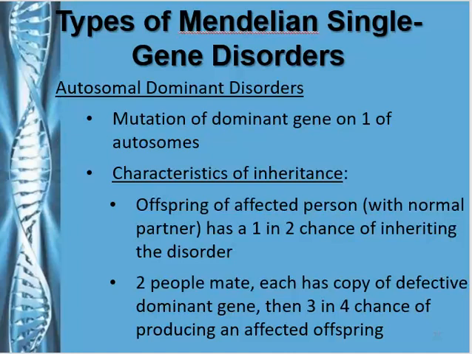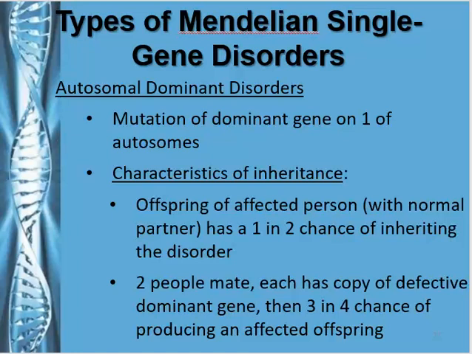There's the autosomal dominant disorders. So that means that the affected gene is a dominant gene, and it's got to be on at least one of the autosomes. So the person has this dominant affected gene.